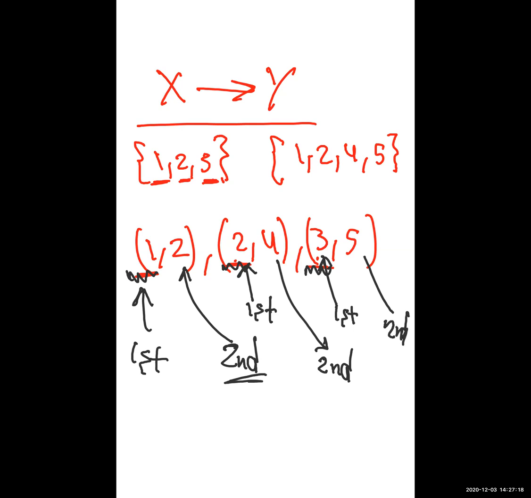So, again, guys, each element of the set X, which are 1, 2 and 3 now, appears only once as a first projection in one of the ordered pairs of the relation. So 1 appears 1 time as a first projection, 2 also, 3 also.